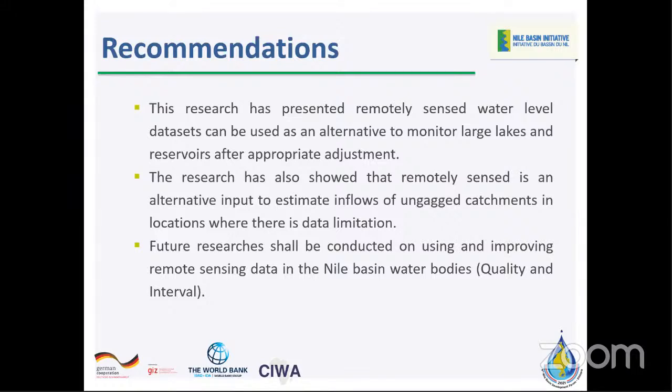Our bias correction method is distributing the error for the mission period. So this is what we can take from this, and further research can be conducted on specific reservoirs in the Nile Basin for better results and for better utilization of remotely sensed data.